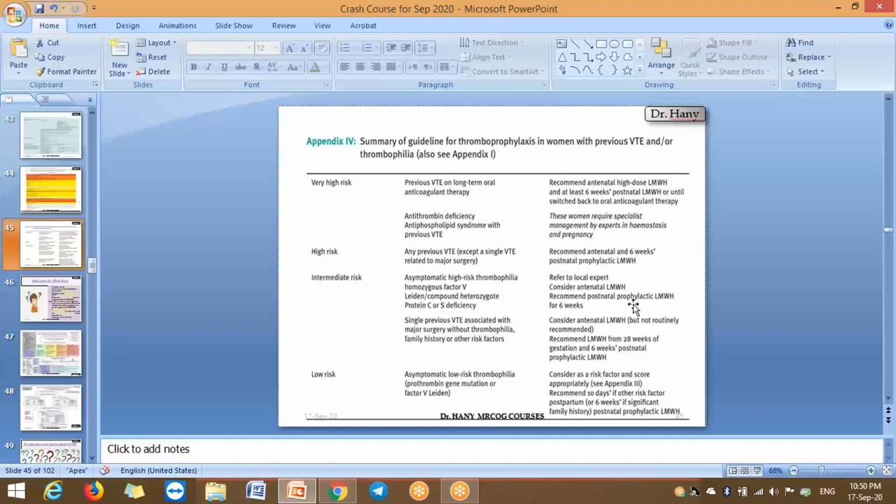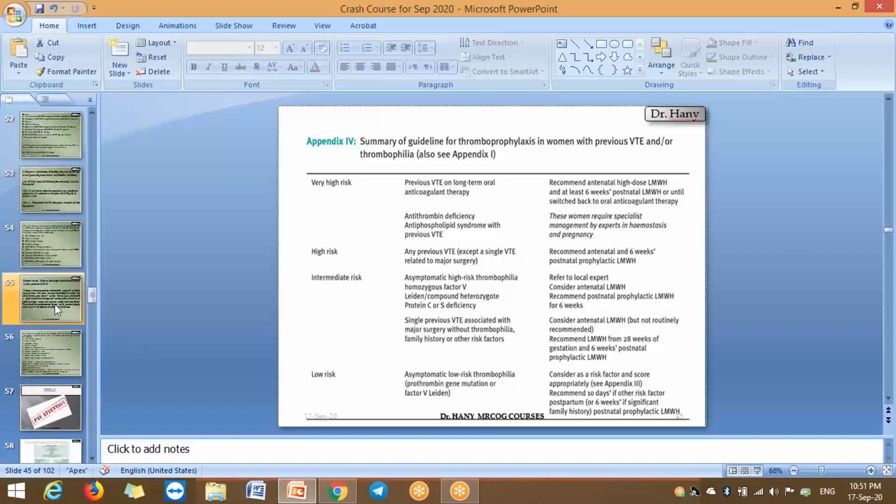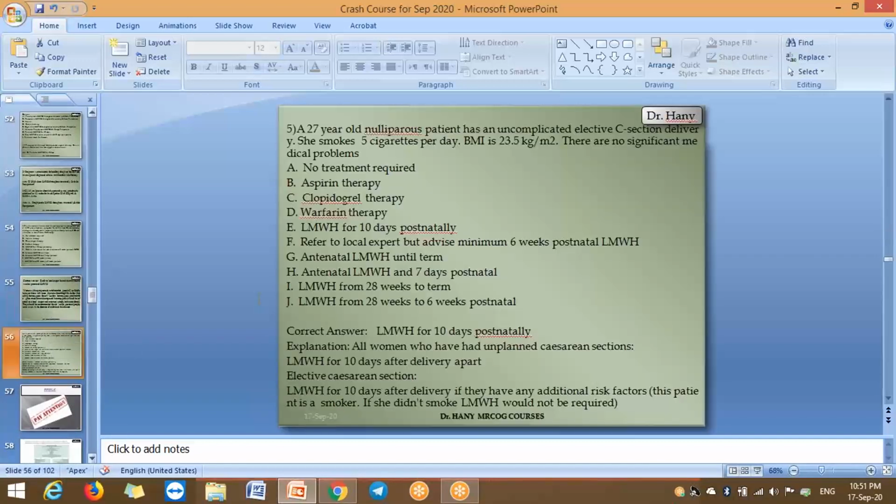This is the question here: postnatal low molecular weight heparin prophylactic for 6 weeks. Okay, that's why I keep insisting on this chart. It's a very important chart for the exam. This is an easy question also.